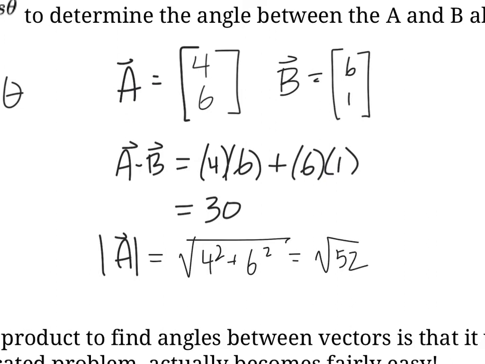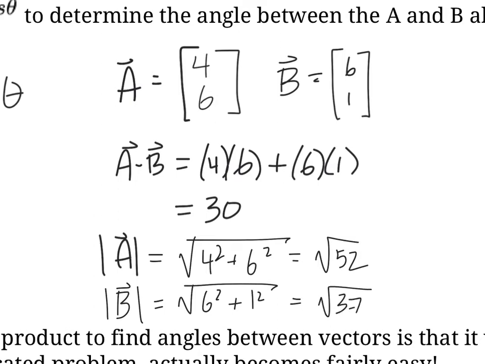And we do the same thing for the magnitude of B. It's just going to be the square root of 6 squared plus 1 squared, which is the square root of 37. Notice I don't really need to simplify these radicals yet because I'm just going to end up plugging them into the formula and multiplying them anyways.